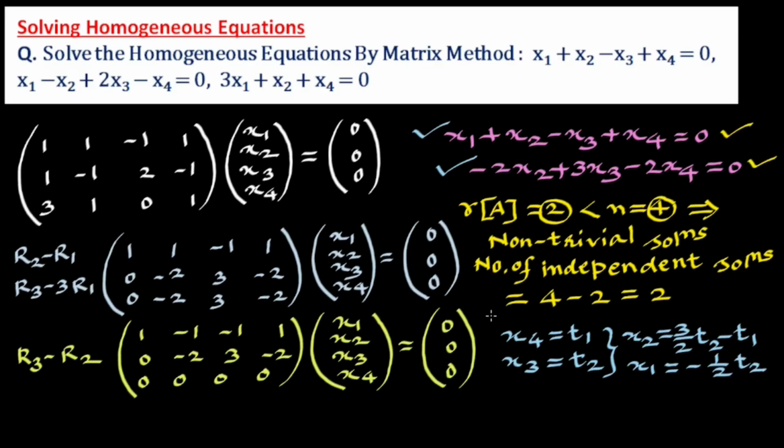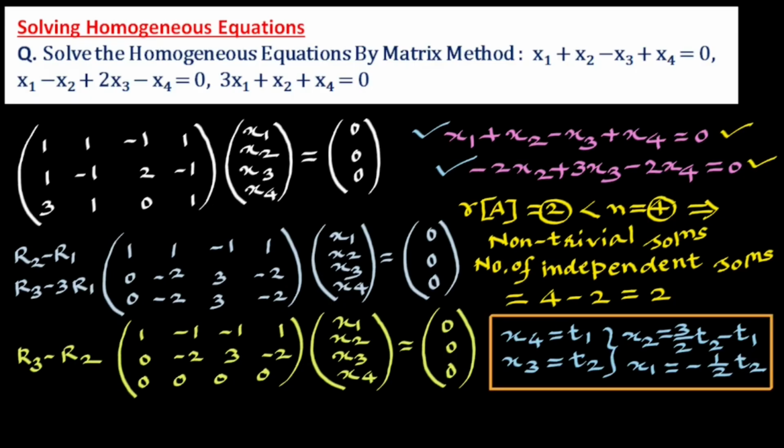Now this is the non-trivial solution in terms of parameters t1 and t2, and we can verify the correctness of this solution by putting these values in each of these three equations. We will check this first equation, that will give us minus half t2 plus 3/2 t2 minus t1 minus t2 plus t1.